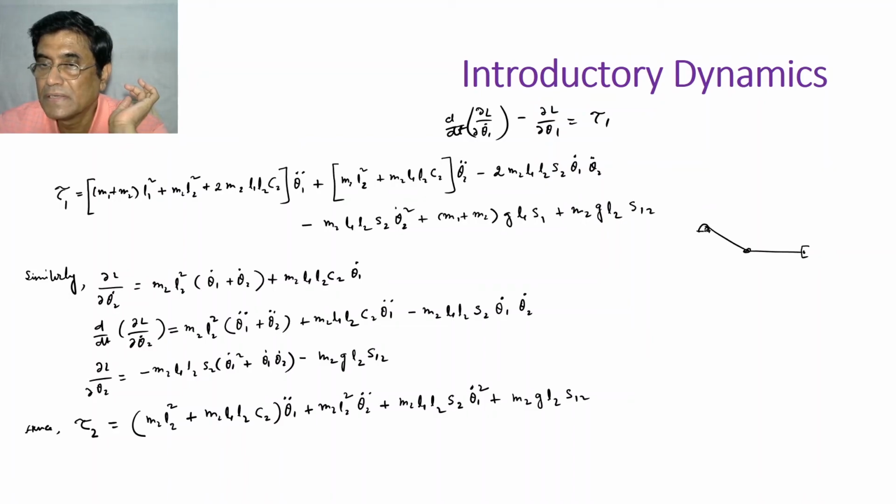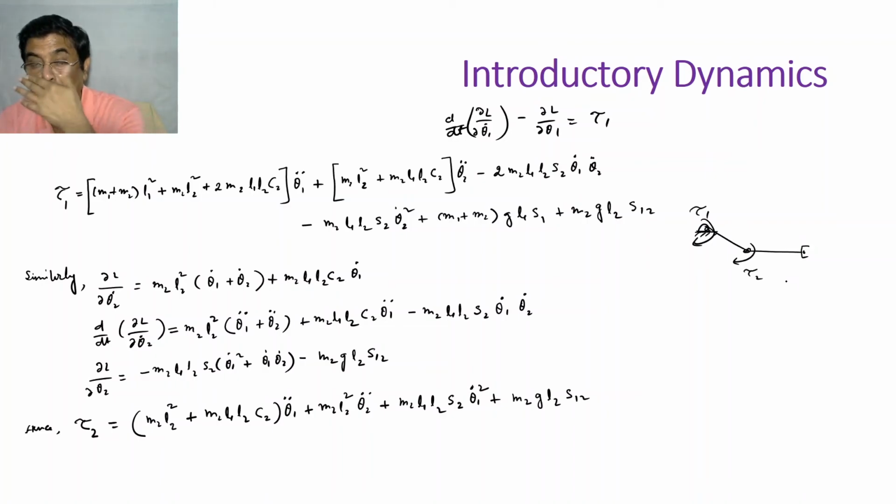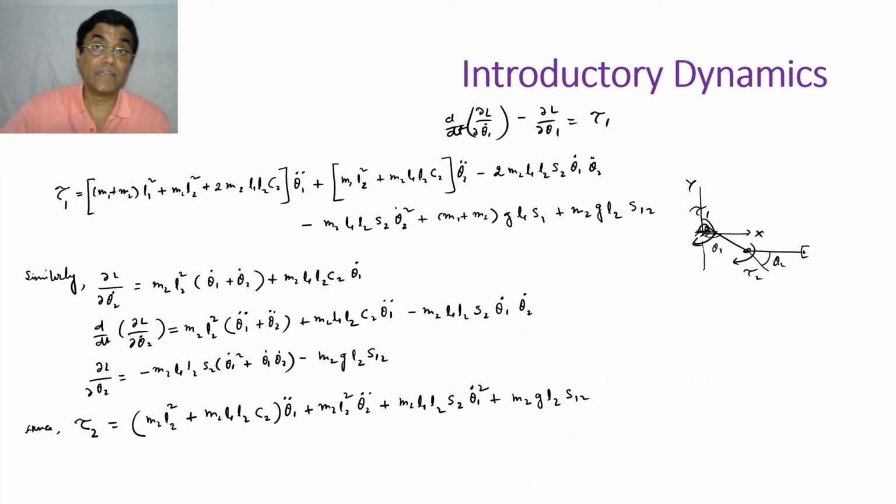So lumped mass is there, and you see this is one torque tau 1 expression, this is torque tau 2 expression, what we have, and they are all in terms of the generalized coordinates, theta 1, theta 2, their acceleration, their velocity, angular acceleration, angular velocity, because we have revolute joints. Okay.